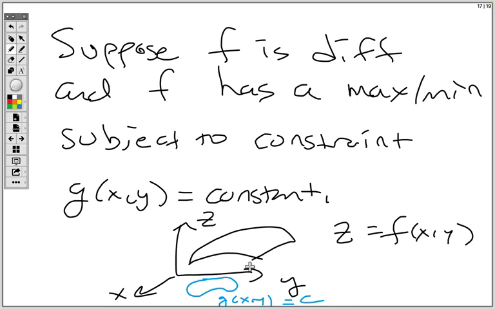Think of that as being in the plane. Then when you lift this up and look at the lift, let's say you've got a maximum and a minimum. So let's say that's the maximum you get, and that's the minimum you get. Lagrange's theorem is going to give us places to look for the maximum and the minimum. But going into this, you have to assume that you know there's a max or min defined.